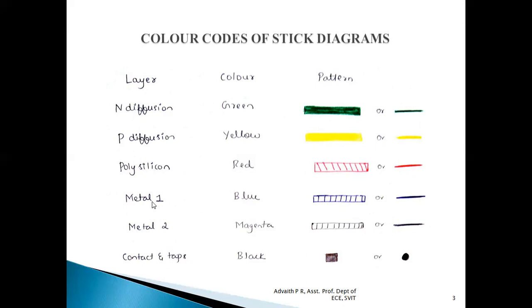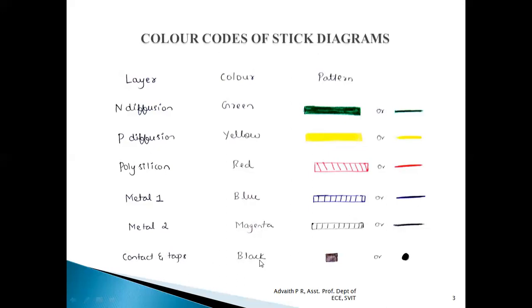Metal 1, which is widely used for connection purposes, is represented by blue color, using a blue stick. Metal 2, which is not very widely used for drawing stick diagrams, is represented using magenta color, and the pattern is a magenta stick.